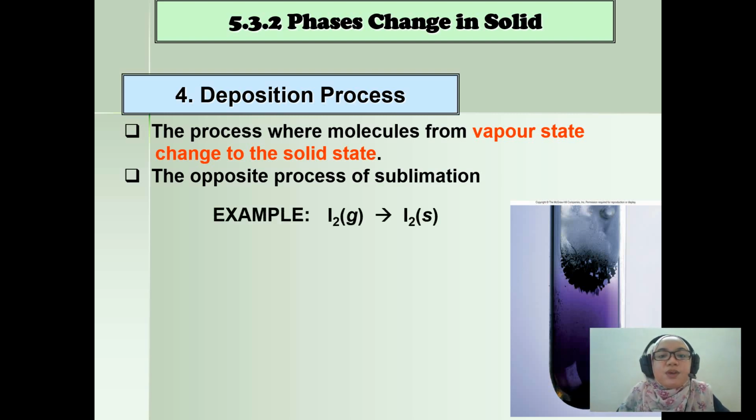Okay, for example, we have iodine gas turning directly into iodine solid. Okay, so that's the four processes that are happening in the solid phase lah. Okay, ada 4: freezing, melting, sublimation, and deposition. Okay.